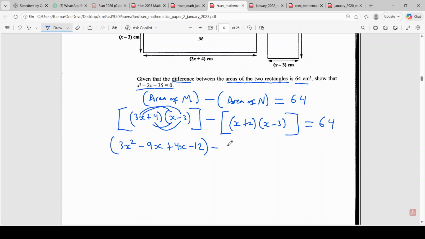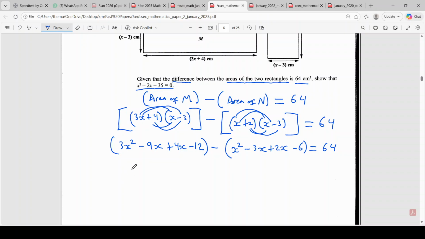Now that's a minus. Anytime we minus more than one term, make sure we keep everything in our bracket, right? X by x is x squared. X by negative 3 is negative 3x. 2 by x is 2x. And then 2 by negative 3 is negative 6. Equal to 64.